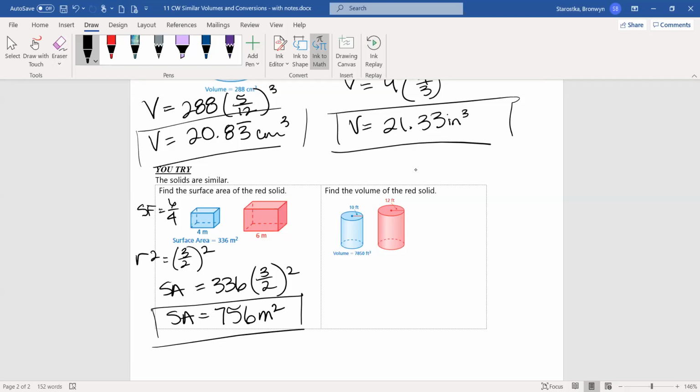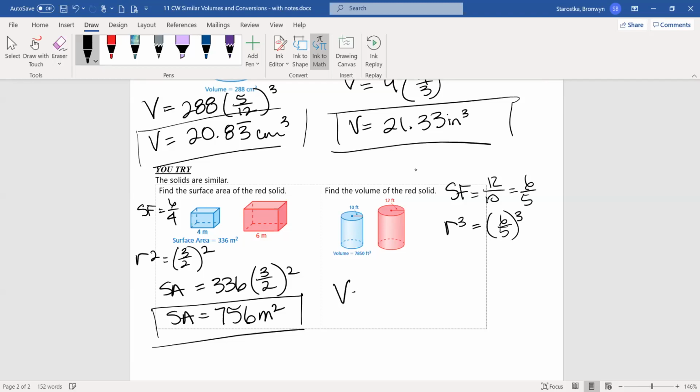And we want to find the volume. We know the radius of both. It looks like we're getting bigger again. So our scale factor is 12 over 10, which equals 6 over 5. Our volume ratio is 6 over 5 cubed.